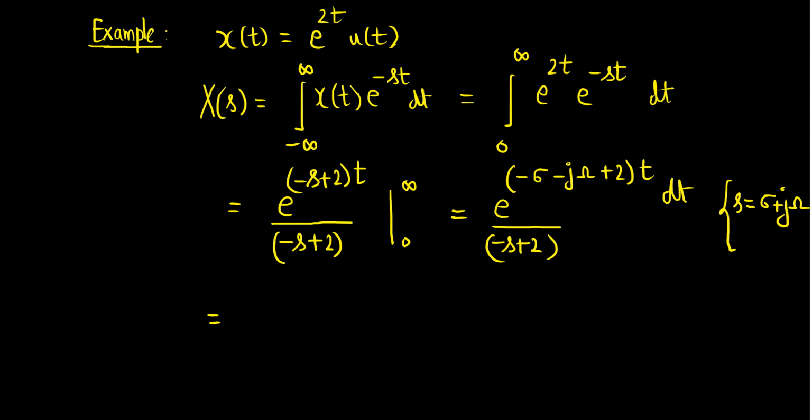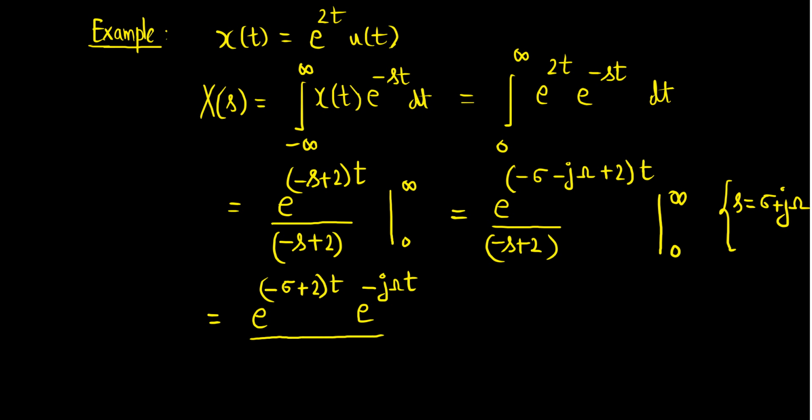Of course we have forgotten the limits here, there is no dt, because the limits are going to be 0 and infinity. Let me separate out the real parts here. This is going to be e power minus (sigma plus 2) times t, times e power minus j omega t, divided by this minus s plus 2 factor, with the limits 0 and infinity.